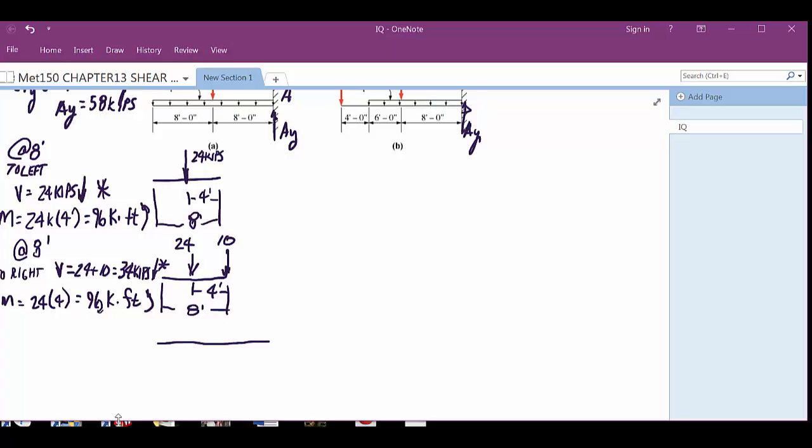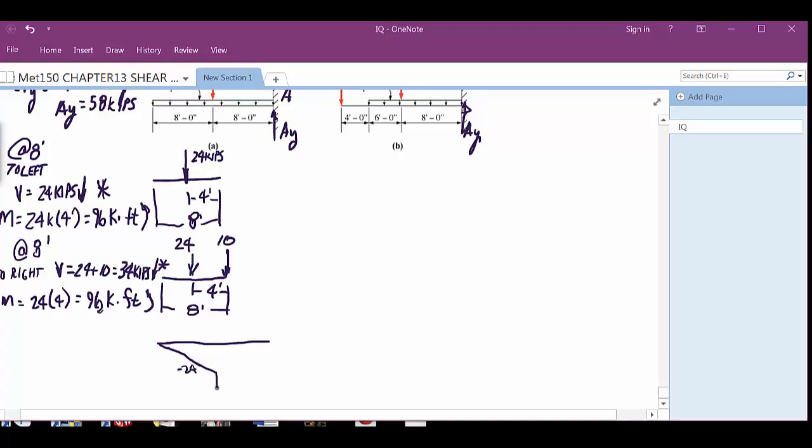Okay, so on the shear diagram now, what's happening is we start out here at 0. Then it looks like we go to 24. So we go in there. Nothing changes till we get to that force, and that's 24.